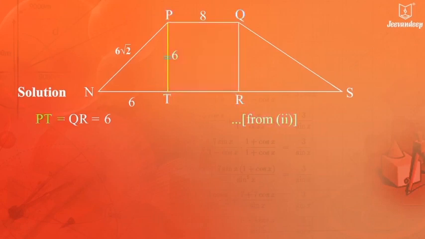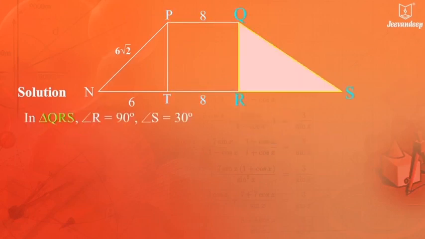PT equals QR equals 6. As PQ equals 8 as given, and TR being the opposite side of PQ, PQ equals TR equals 8.